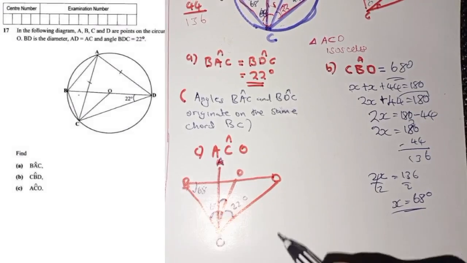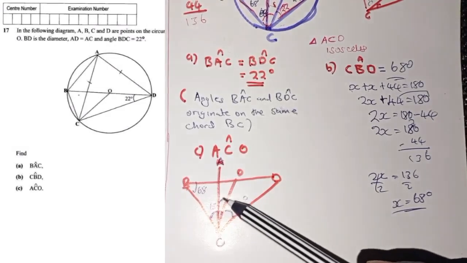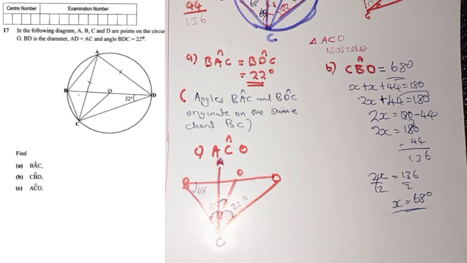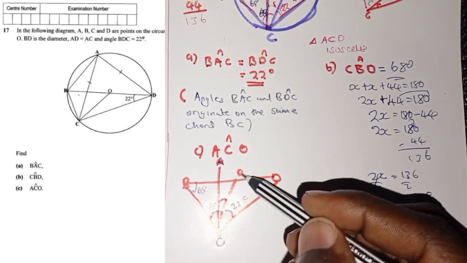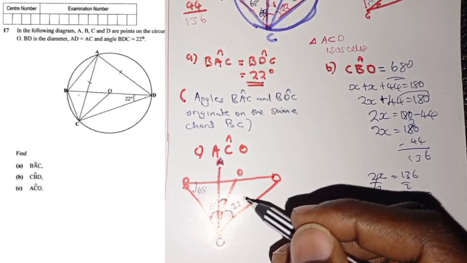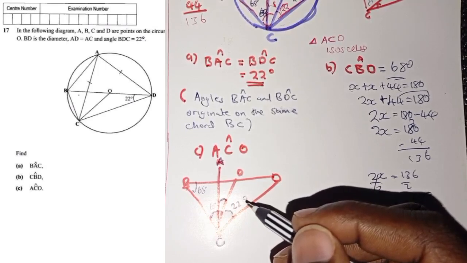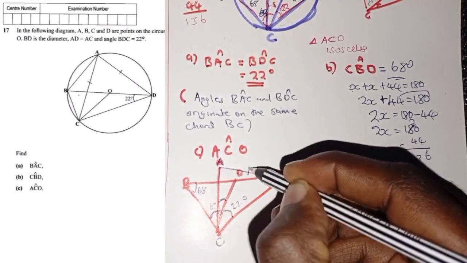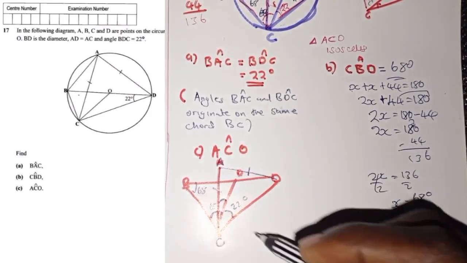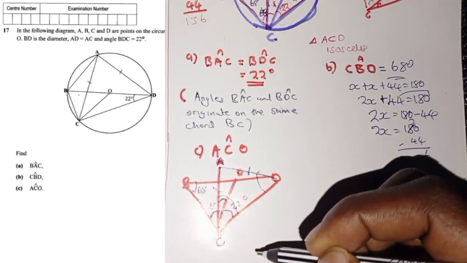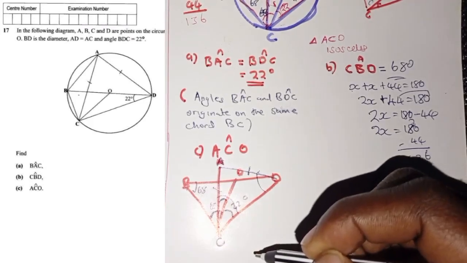Now we're just interested in this particular thing here, which is ACO. To find ACO, what we'll do is this. Remember this one goes like this, and here we have these two things. The whole length, this one and this one, are equal.